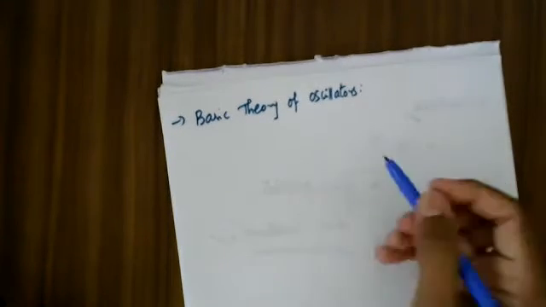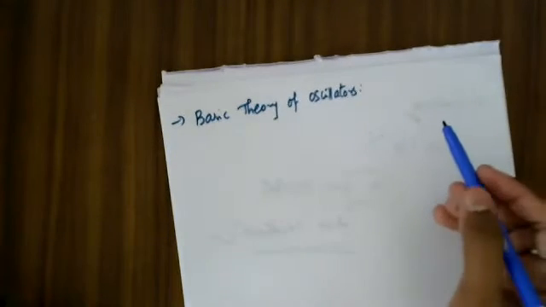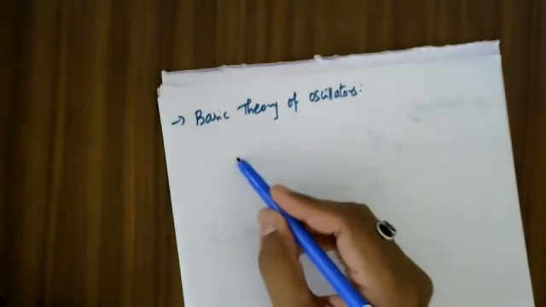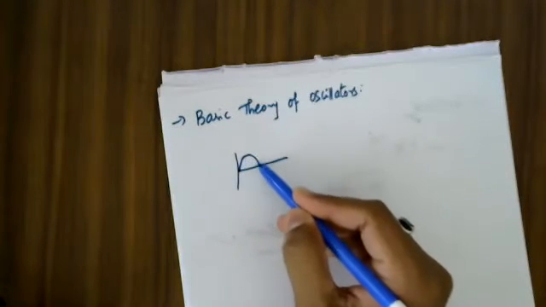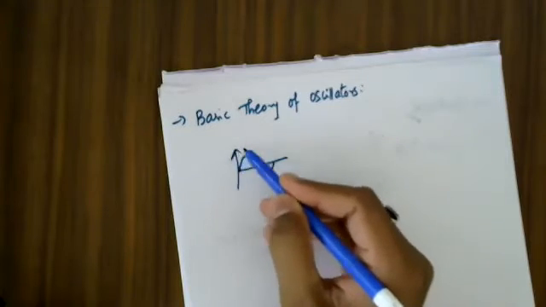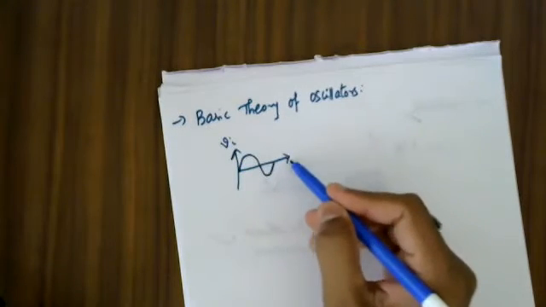Now, in order to explain the concept, let me build a block diagram. Let me say that I have some input signal, denoted as Vi with respect to time t. Don't think, sir, in oscillators, where is this input signal coming from?